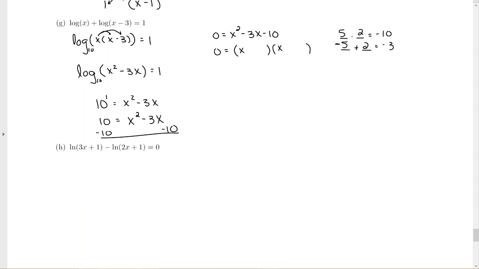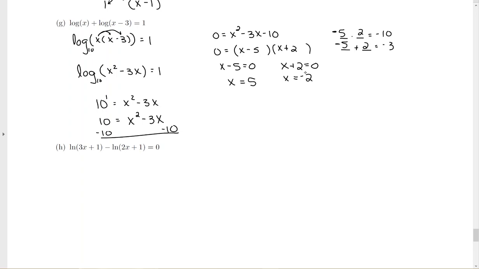I want a negative on the 5 and a positive on the 2. All right, so if I put those numbers in, negative 5 plus 2, set each factor equal to 0. I get x equals negative 2 or x equals 5.